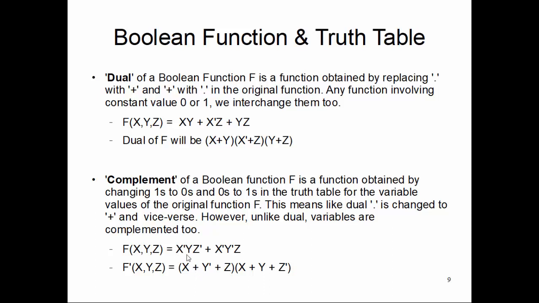So this becomes x or y bar. Note that y is uncomplemented in my original function, so we make it complemented. Or z. Note that z was complemented in my original function, so we uncomplement it in the complemented function. So this becomes x or y bar or z, and similarly x or y or z bar. So that's my complement function definition.